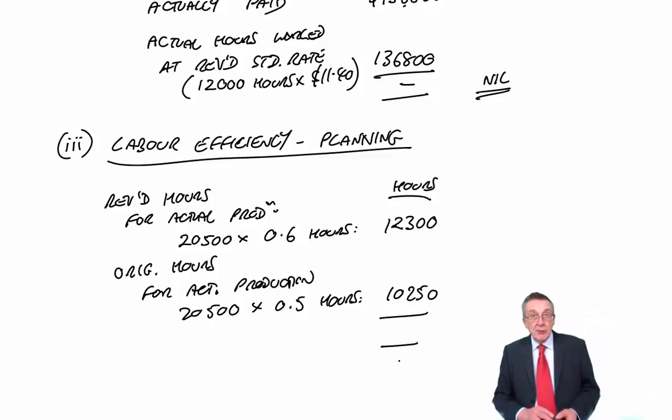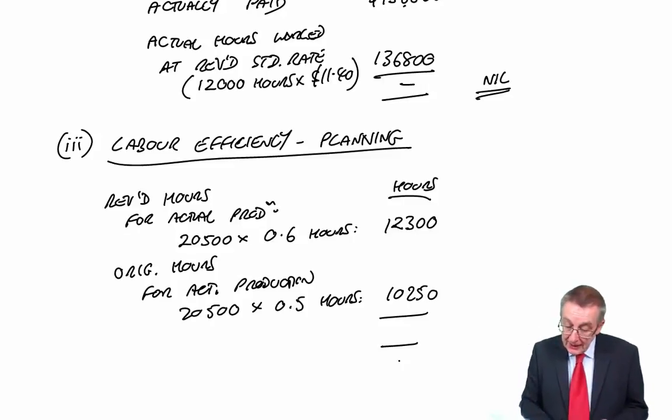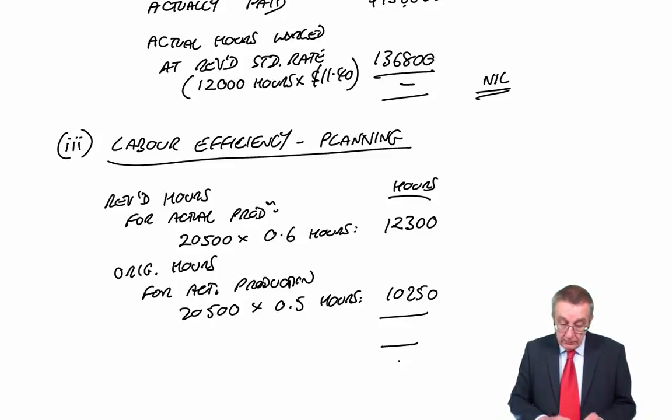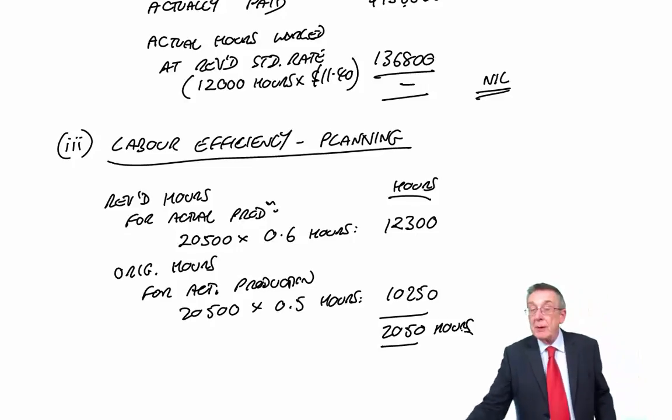And so the change of plans, we're now expected to take an extra 12,300 minus 10,250, which is 2,050 hours more than we originally budgeted.